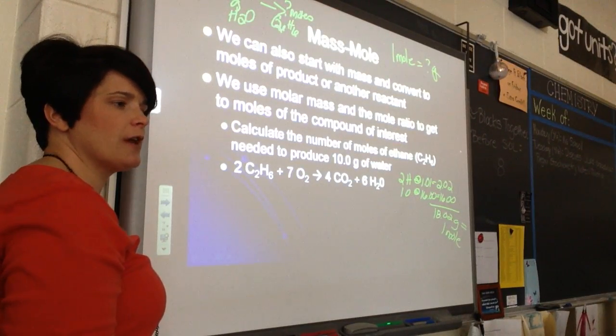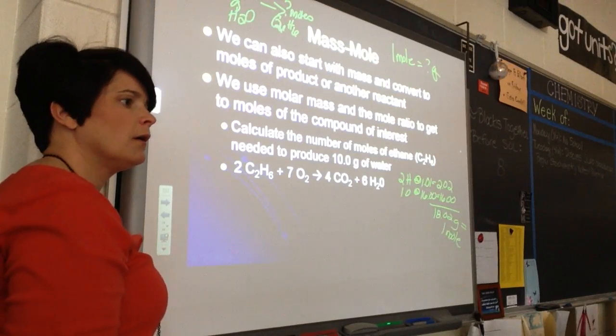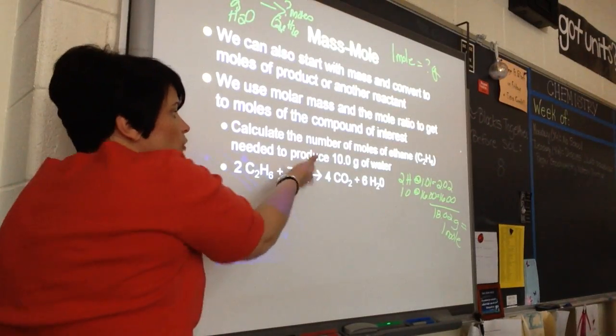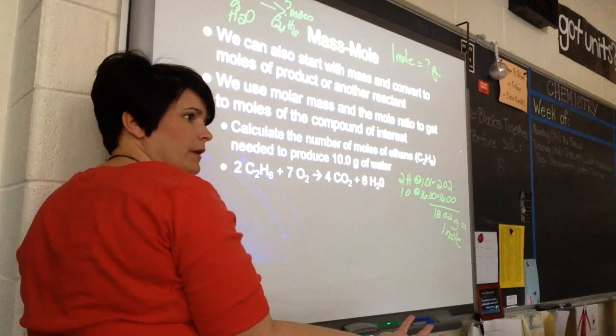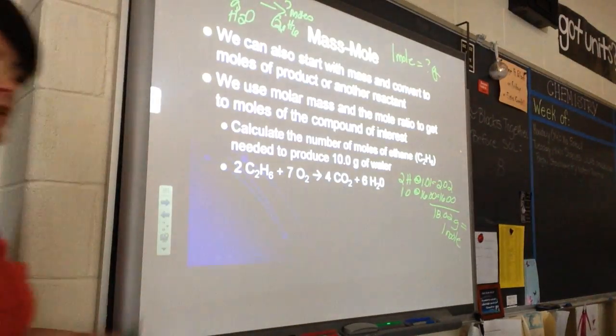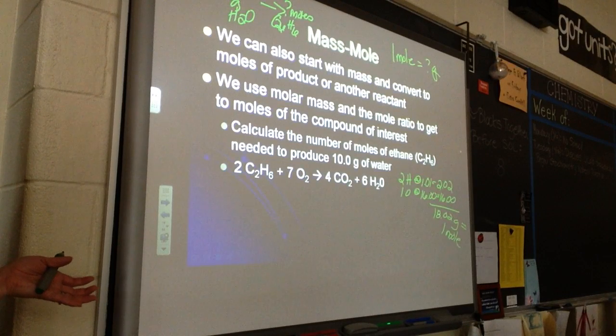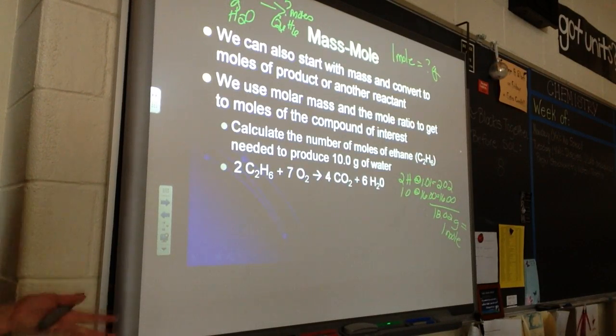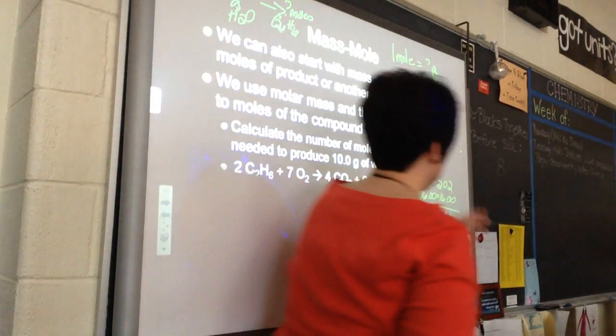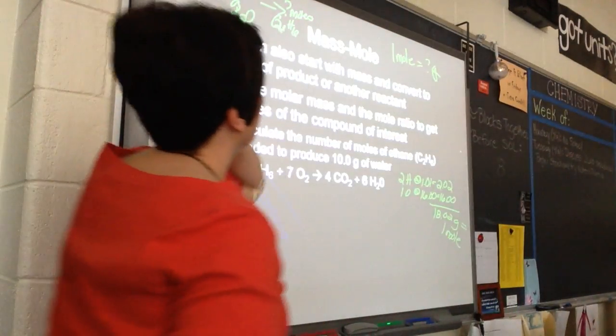Because I'm a teacher and I know everything? Because it's got the grams of water. Because I'm told to deal with grams of water. That's why I need the molar mass for water, and that's why I only need the molar mass for only water. Okay? So, we're going to work with this.